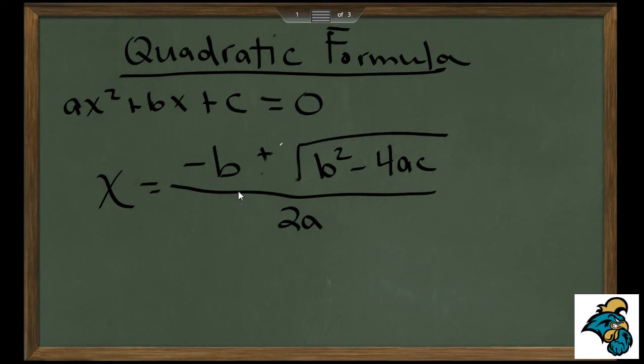Let me fix the way this is written. I don't want you guys to get confused. Plus or minus the square root of b squared minus 4ac, that entire expression divided by 2a. So again, once we have it in the correct form where we have equals 0 on the right-hand side, we can pull out what my a, my b, and my c are, plug those values in, and begin.